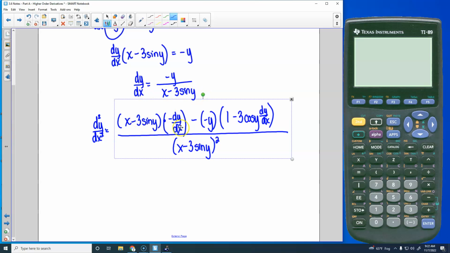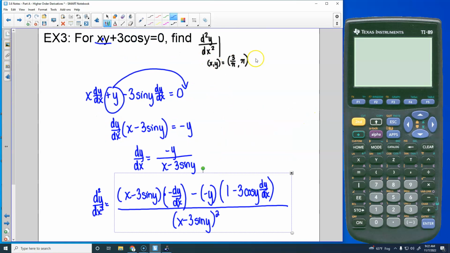It will cancel over here, but it does not over here, and then you've got common denominators and a bunch of stuff you have to do, right? However, they did not ask us to give this in a simplified form with x and y. They asked us to plug in a number here, right? We're plugging in the coordinates 3 over pi, pi.